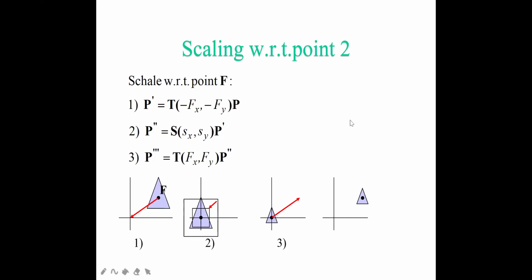In the next step we have to write the formulas, because as the object is going back, I will apply the inverse. Then I have to apply the scaling. I know how to apply the scaling, s of sx comma sy. Then in the triple dash, you are going to translate it back. So you got this answer.